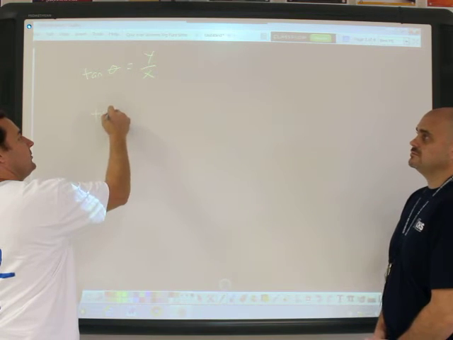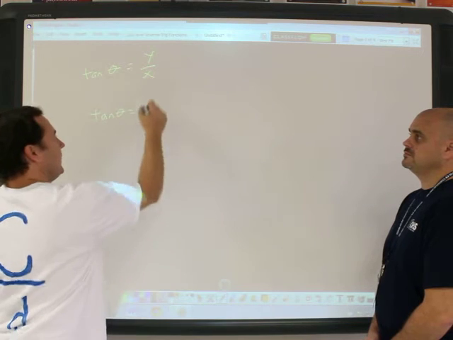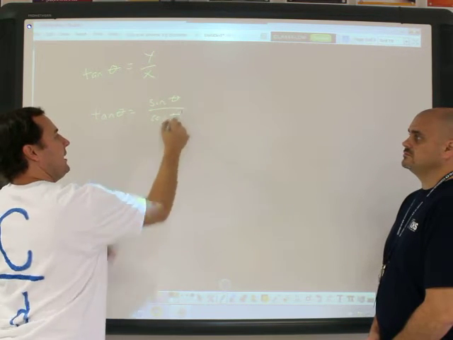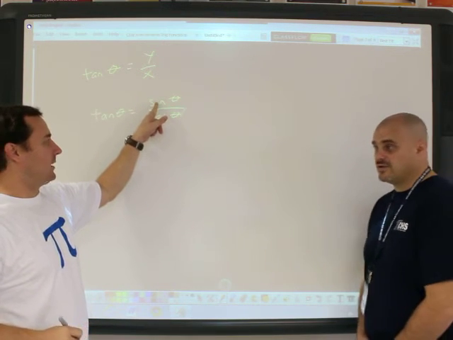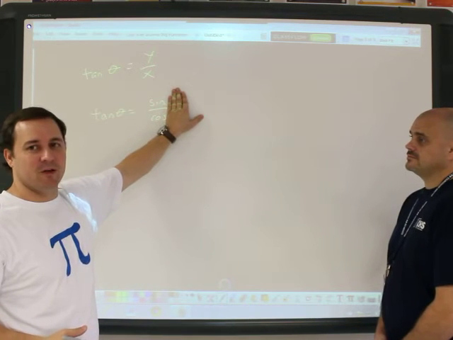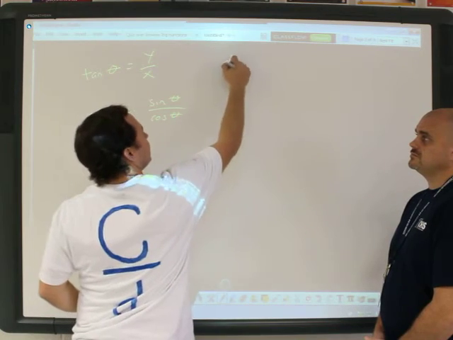So I can substitute sine for y and cosine for x. And you'll notice I'm including the angle with each one of these. If you don't, it's not a trigonometric function. Sine and cosine are functions, so it's got to be the function of something.